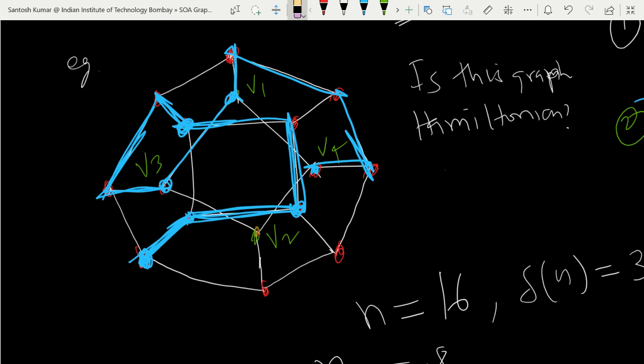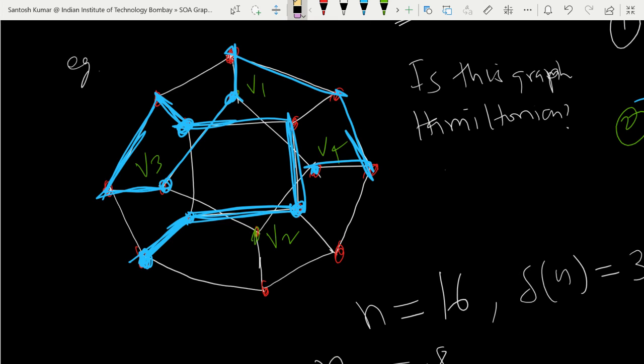So we have to try, can we make a Hamiltonian cycle? Okay, once more, let me try. So now we'll try to get a Hamiltonian cycle. If you can get one, then it is. So the answer for this is, yes, it is Hamiltonian. So we can get one.